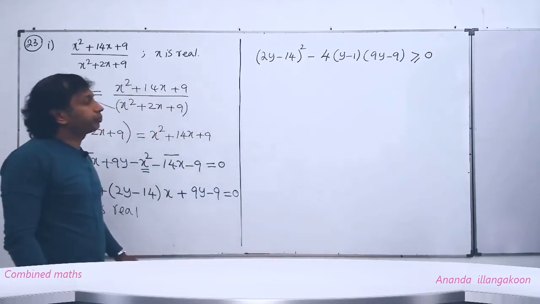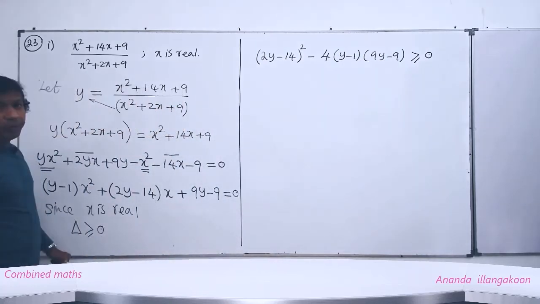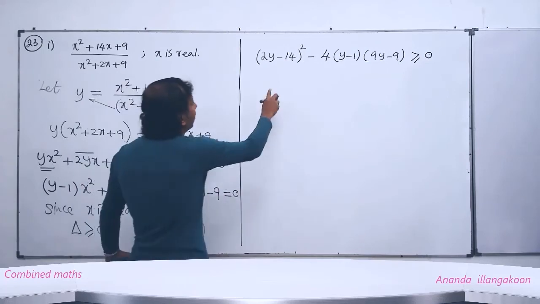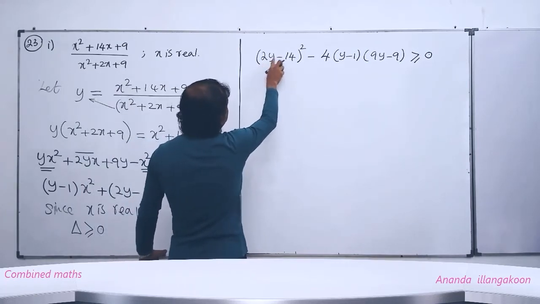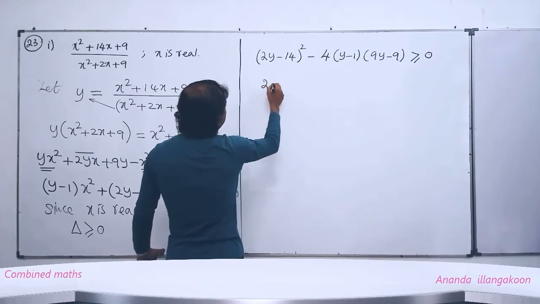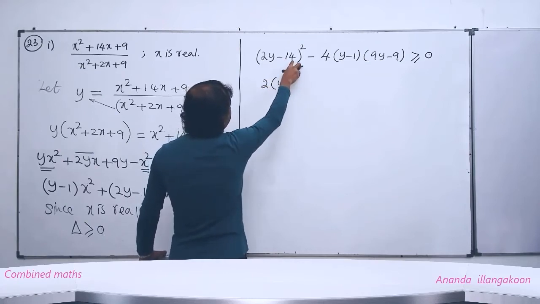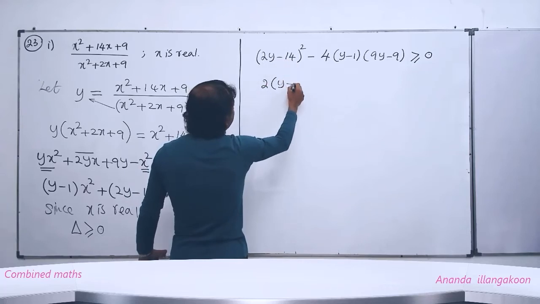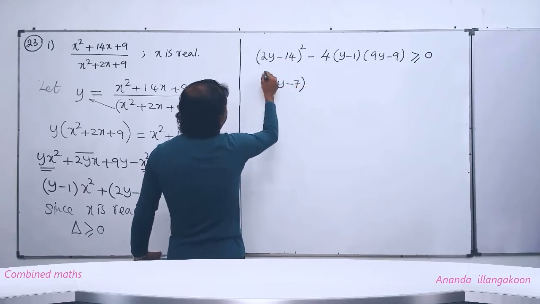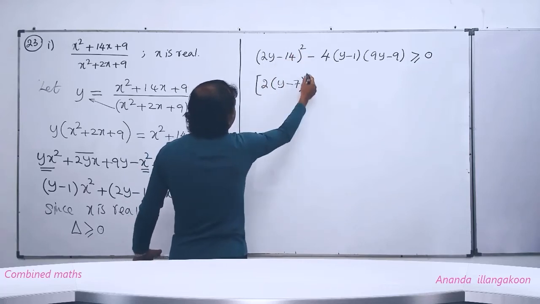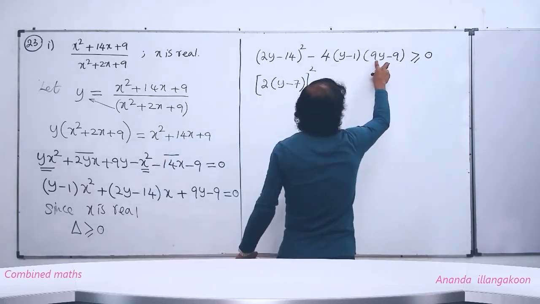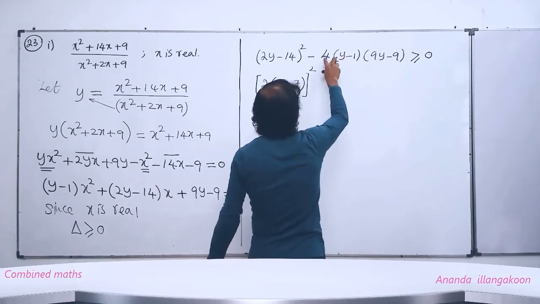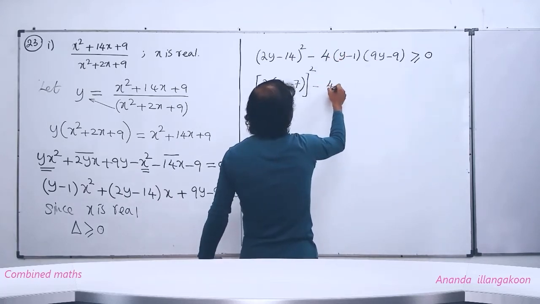Now I can simplify it like this, people. Here I can take this 2 out of the bracket. When I take 2 out from here and here, this is minus 7. This square I write within a square bracket. Here we can take this 9 out. Once I take this 9 out, that comes here with this 4 into 9.